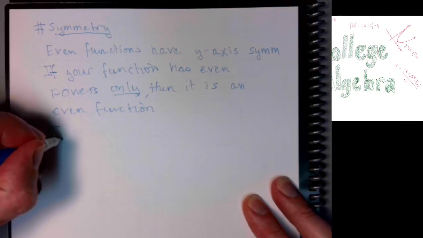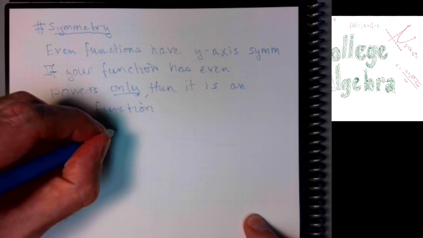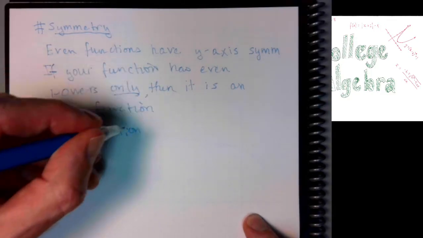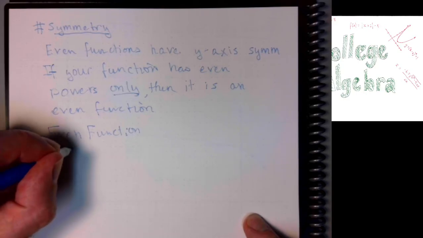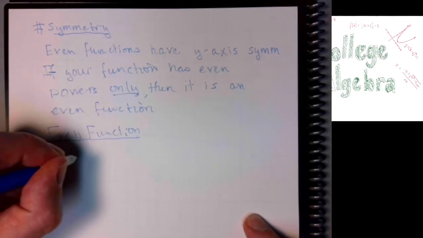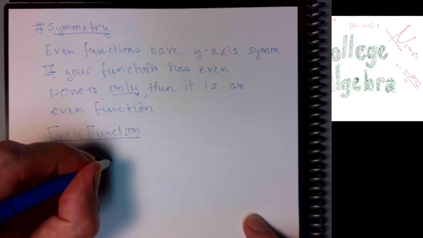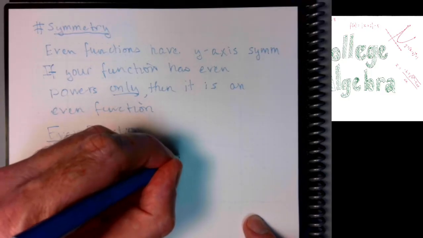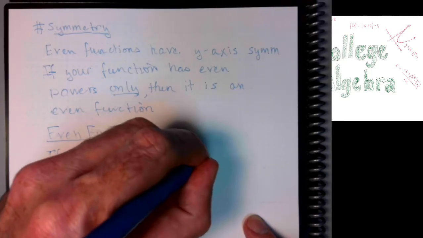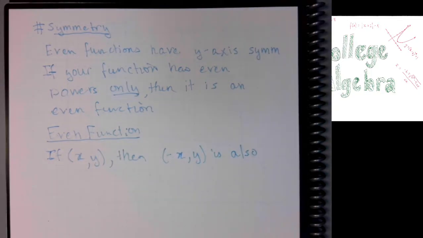And of course, an even function means this: if a point x comma y is on the graph, then negative x comma y is also on the graph.